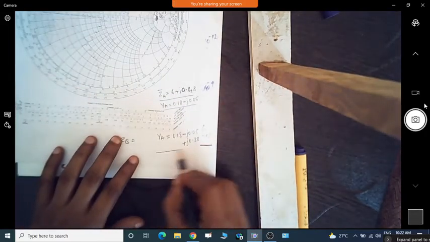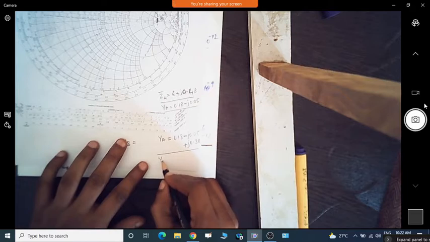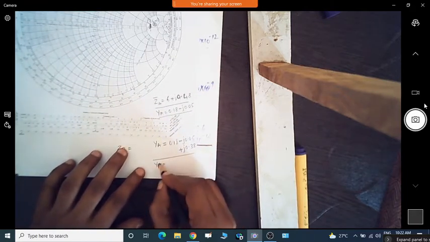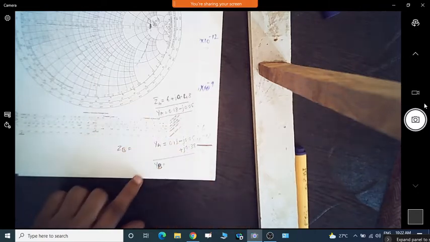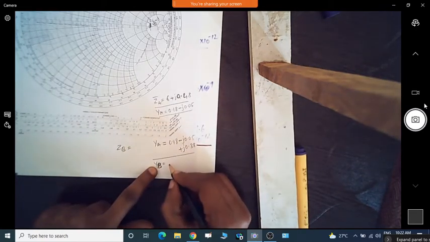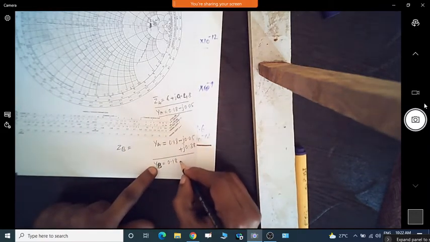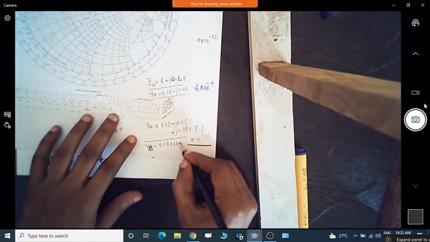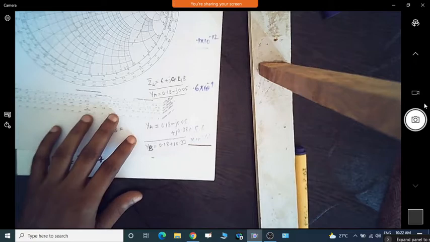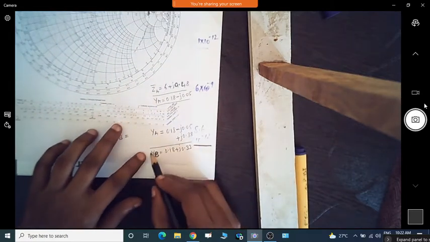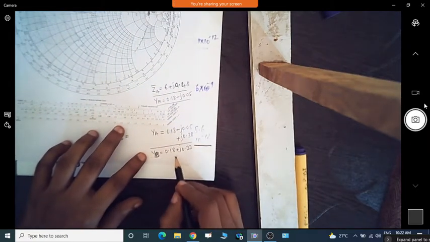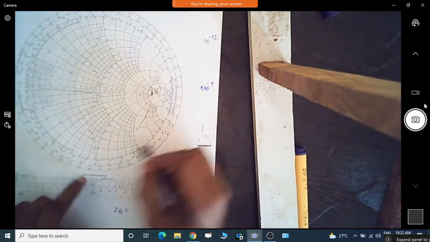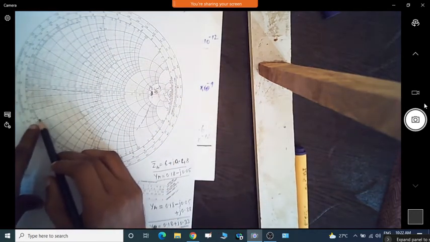Let us take the point B, YB, which is equal to 0.18 plus J, and if you subtract it, you will get 0.33. This is where we have to locate the point B. The susceptance 0.33 is here.